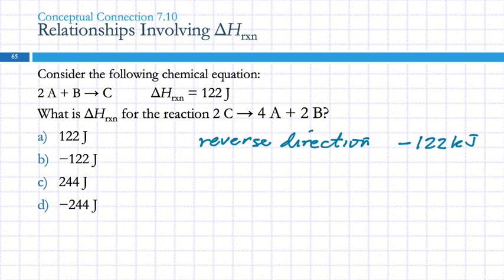And what else happened? The coefficients have been multiplied by 2, right? So it was multiplied by 2, and so then we multiply this by 2.